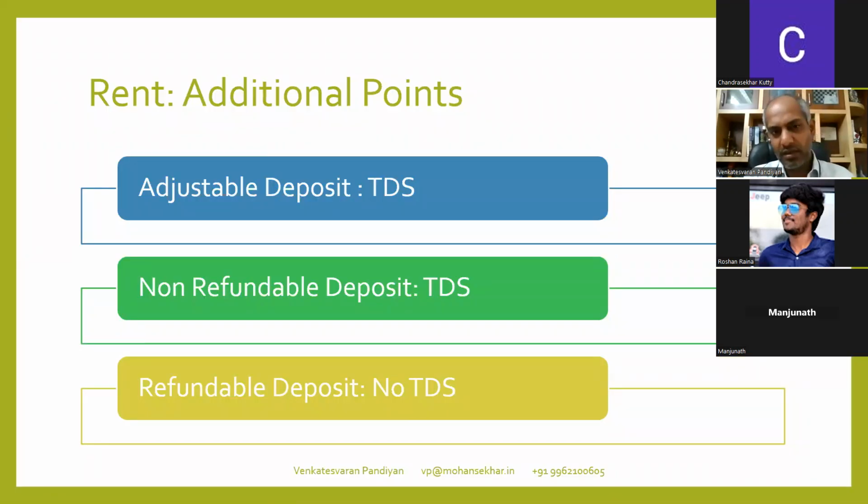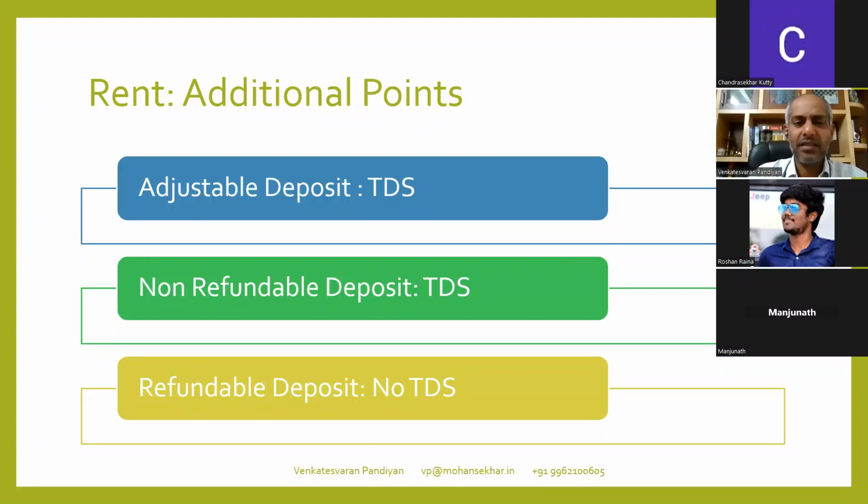Again, a few common challenges that come up in rent. Whenever an asset is taken on rent, normally it is a convention to pay deposits. The deposits can be categorized with three possibilities, and let's see the applicability of TDS.